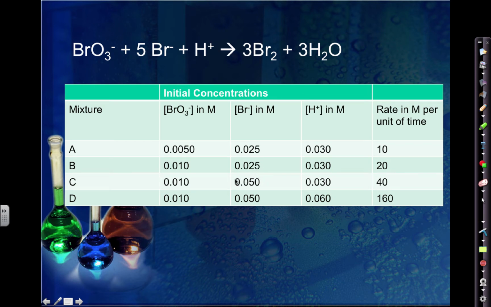For this one, we're going to look at B and C because Br went from 0.025 to 0.05, so it doubled here. BrO3 is kept the same, H is kept the same. So now I know that my concentration of Br minus was doubled. Let's look at what happened to the rate. It went from 20 to 40 when it was doubled, so that means the rate was also doubled.